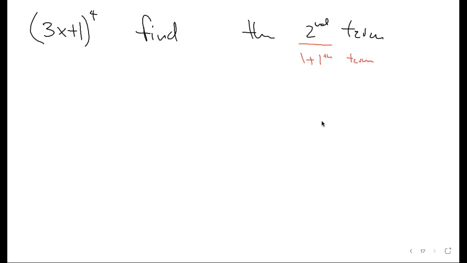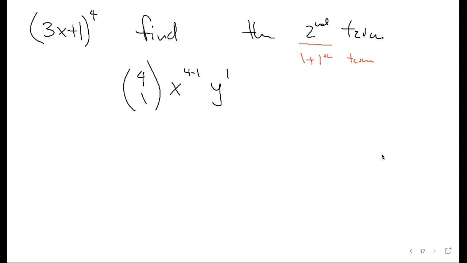So since my n is 4 here, I'm going to be using 4 choose 1, x to the 4 minus 1, y to the 1. Is that clear? If it's 2, then I have to use 1. If it's 3, I have to use 2. It's r plus 1, I have to use r.